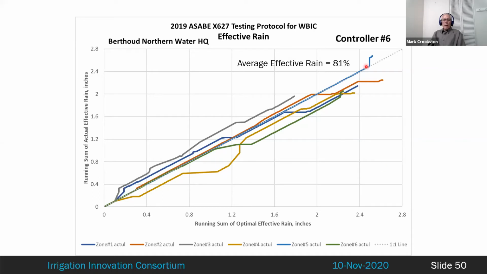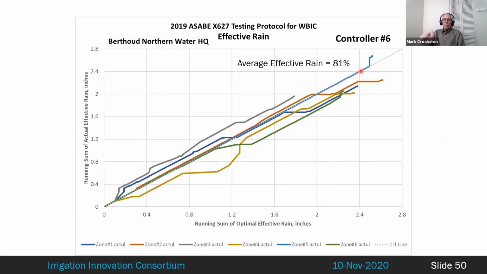Obviously, following the one-to-one line is optimal. This is a good performance by a controller, staying fairly close to that one-to-one line. On average, 81% of the measured rain was actually effective rain that was stored in the root zone.